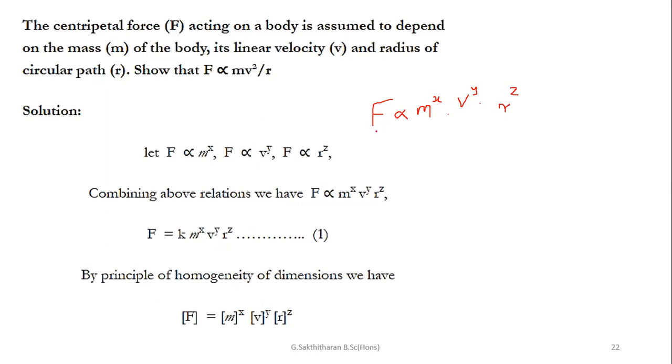Then we convert the proportionality into an equation: F equal to K, a constant, times m to the power x, v to the power y, and r to the power z.